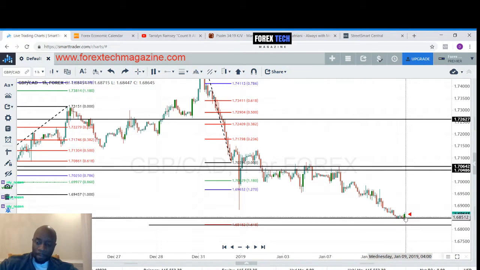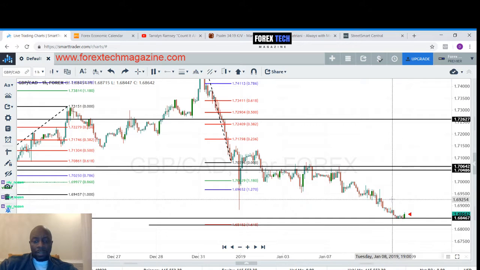So if we would have done that, guess what? You would have been profitable in this trade. You could still, if you wanted to, try to target this. I wouldn't necessarily do it. It's only like 30 pips. It's probably not worth it. Whenever you put in an order, I always put in a stop loss, just because it's a good habit.